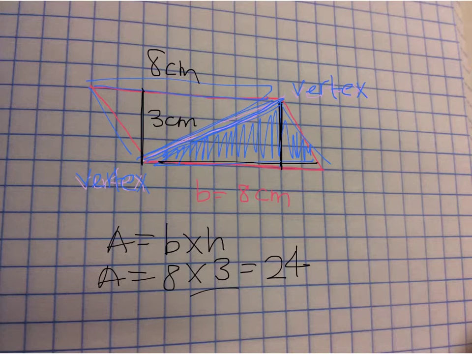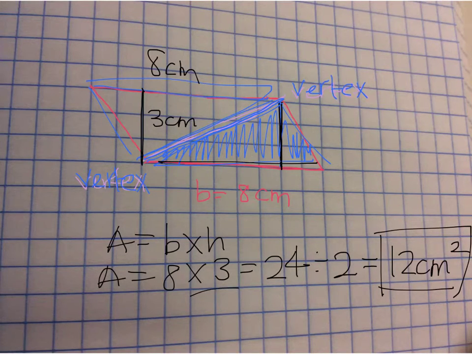How many triangles do I have up there? Right, so you're going to divide by 2. You're going to divide by half, right? So 24 divided by 2 equals 12 centimeters squared. That would be the area of one of my triangles. If I put them both together, that would give me the parallelogram, and I have 24 centimeters squared.